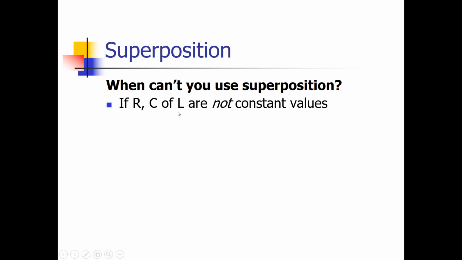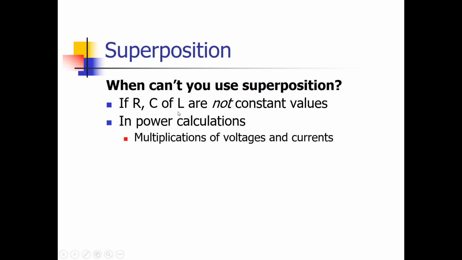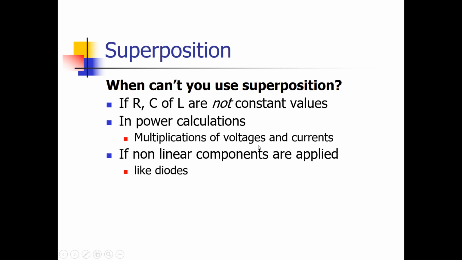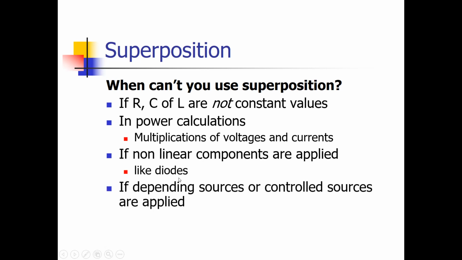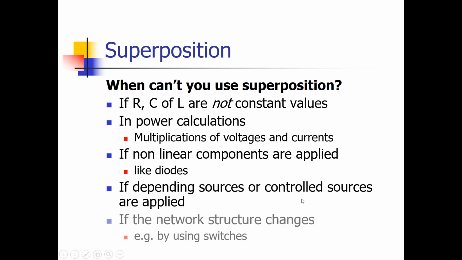You can't use it either in power calculations where multiplications of voltages and currents take place. You can't use it if nonlinear components are applied, like diodes or transistors. You can't use it if dependent sources or controlled sources are applied, and you can't use it if the network structure changes, for instance when you switch some components on and off by using relays or switches.